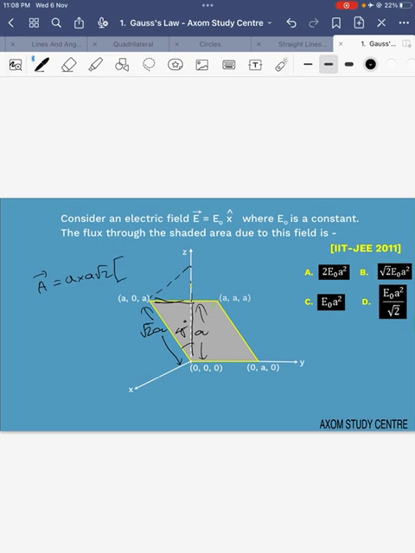So here the components will come, x component and z component. So cos of 45 into i cap minus sine 45 into k cap, along i and k only.